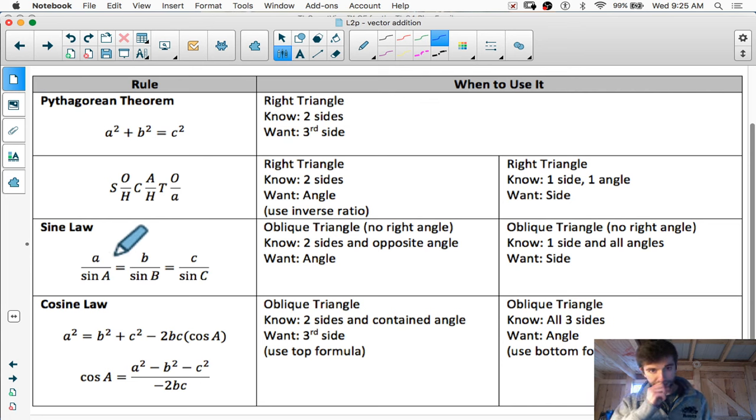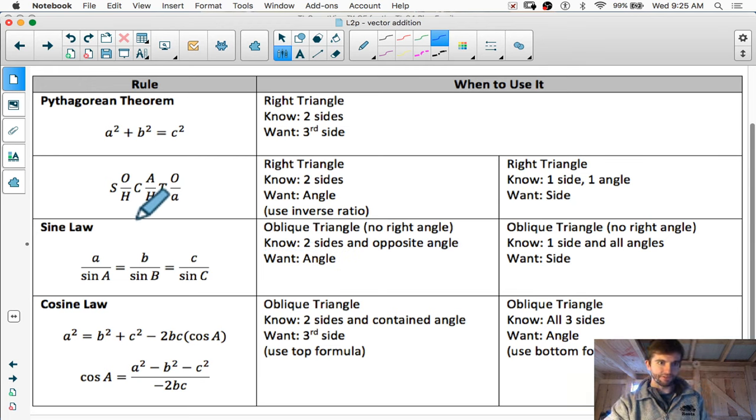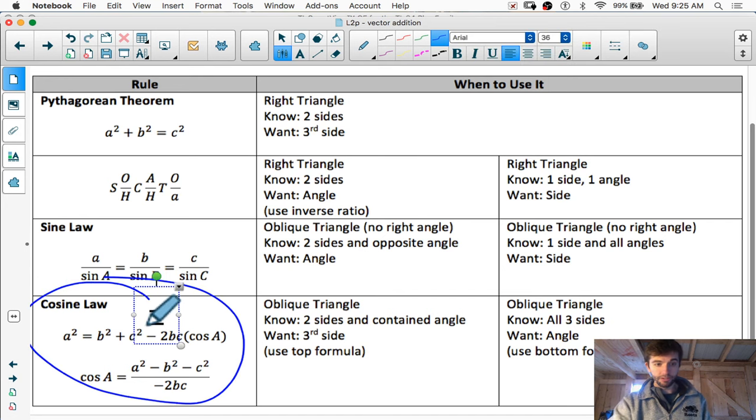So if you're trying to solve an angle, let's try and use cosine law instead of sine law, because if you remember, there's something called the ambiguous case of sine, where if we use sine to find an angle, we may have to consider that there are two possible options for what the angle could be. So we're going to give preference to cosine law, if possible, to be able to solve for an angle.